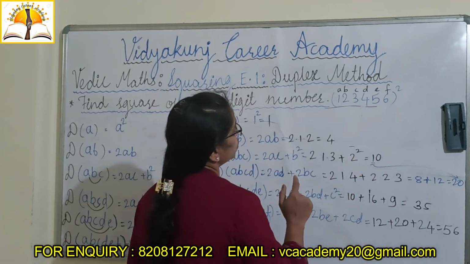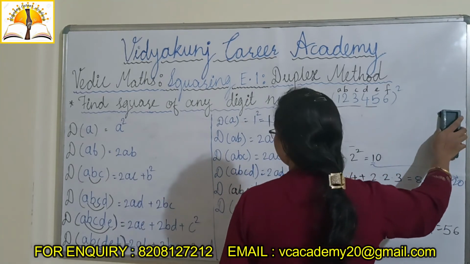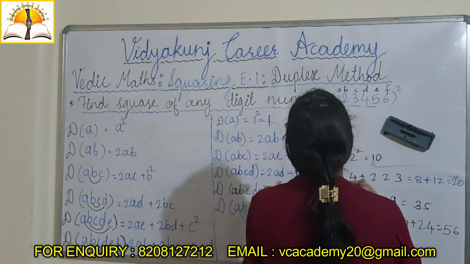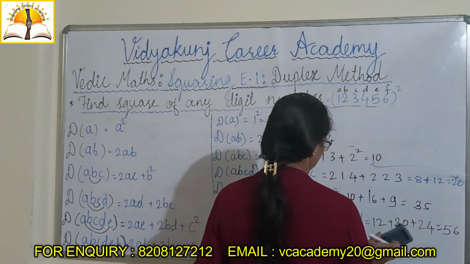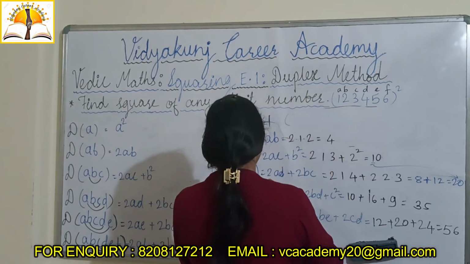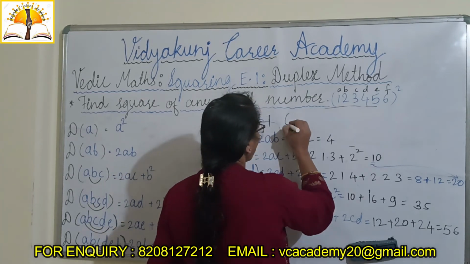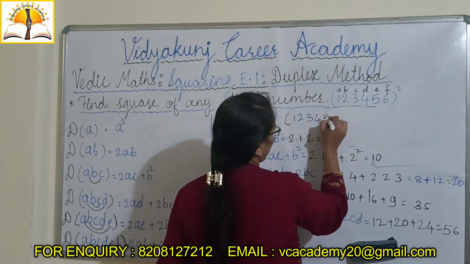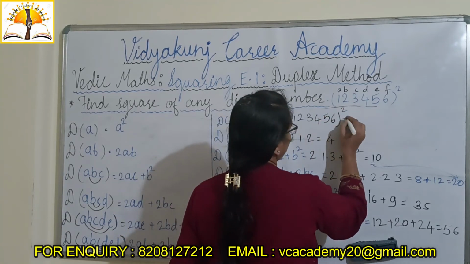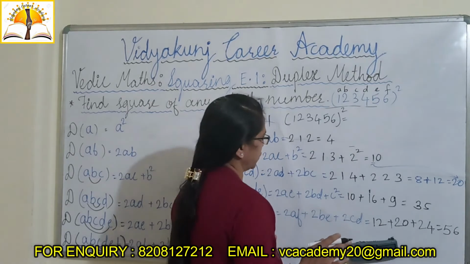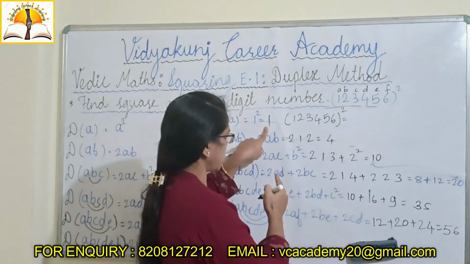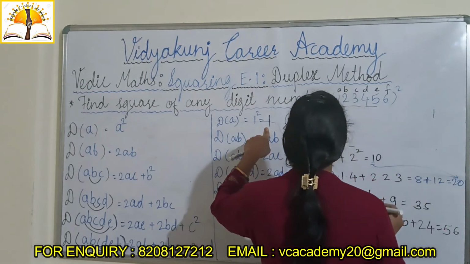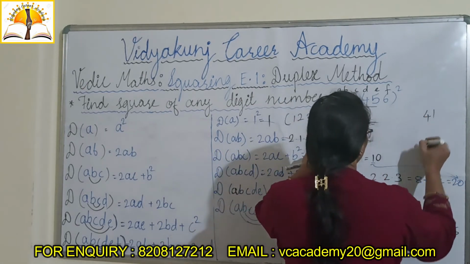Now we have to do here. I will write here the square of this number. Yes or no? I think I haven't placed it here. I will write here in black color. 1, 2, 3, 4, 5, 6. Okay. First of all, I will write here with the carry number. I have to start from the right side. 1, 4.